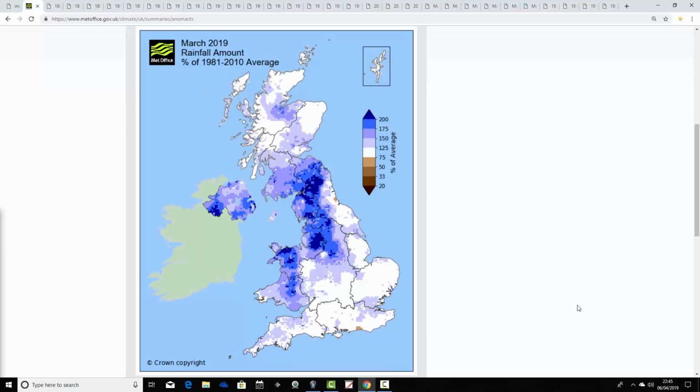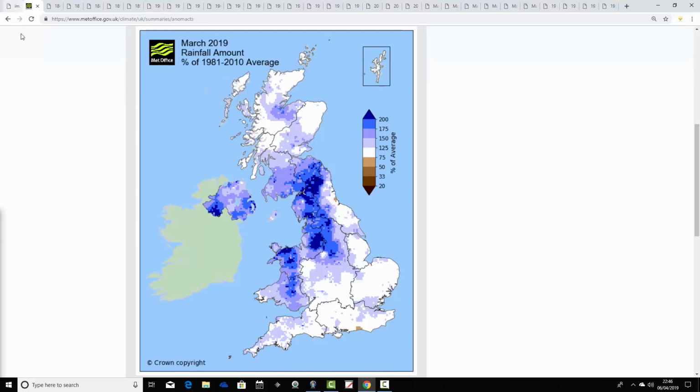The actual March 2019 England and Wales precipitation came out at 103 millimeters. So our range of data for England and Wales precipitation is going to be 93 to 114 millimeters, which puts this particular March squarely and firmly in the middle of that range.